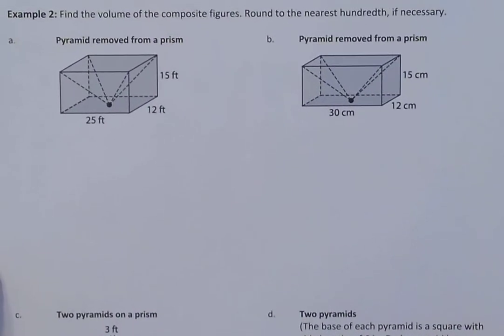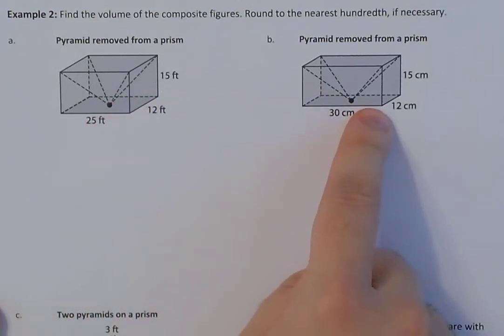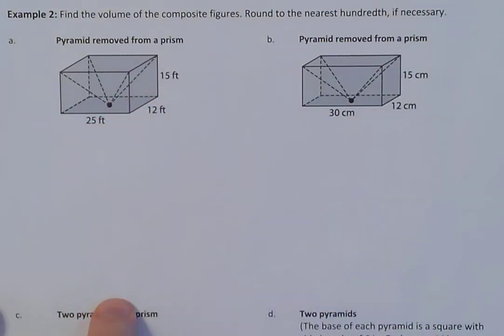Example 2 wants us to find the volume of the composite figures and round to the nearest hundredth if necessary. The way to do these problems is to find the volume of each shape involved. Because it's removing for A and B, you subtract. For C and D, because you're combining, you add them together. I'm going to do a few of these for reference.